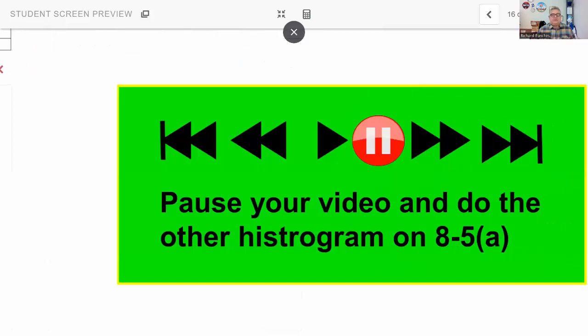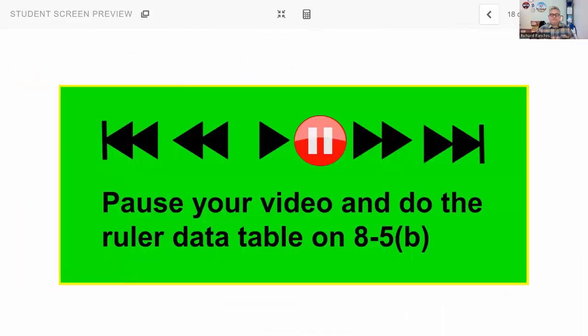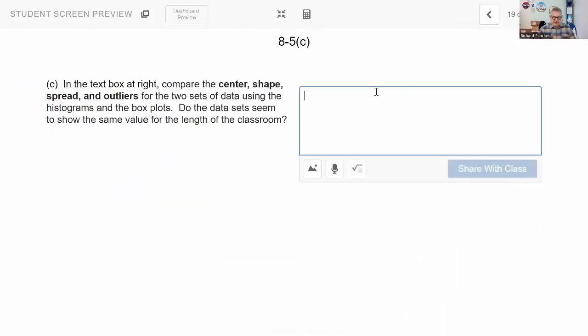So let's try and answer this question. I would say that both sets of data are showing symmetry, period. That's the shape.